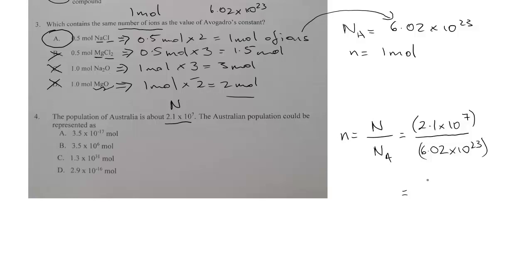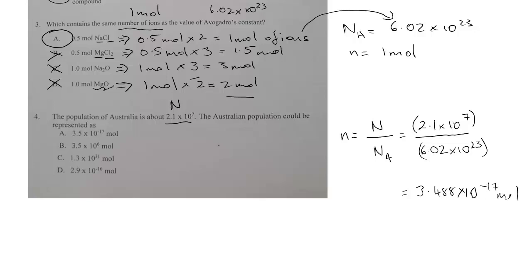When you work this out, you get 3.488 times 10 to the negative 17 mole.